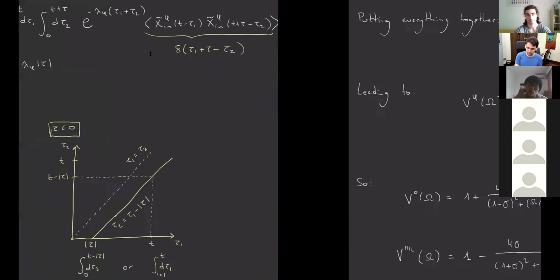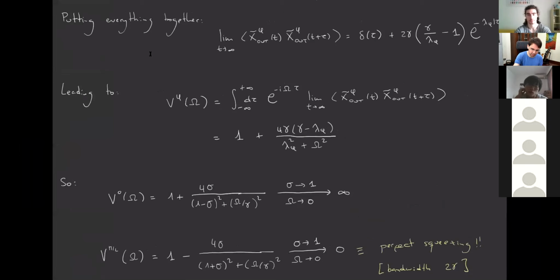And then the final surprise is that actually, if you take these two relations and you evaluate the product of B0 of omega with B pi over 2 of omega, I remind you that because of the uncertainty principle, this is bounded by 1 from below. But in our case, this is exactly equal to 1.